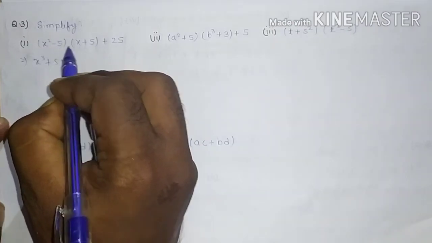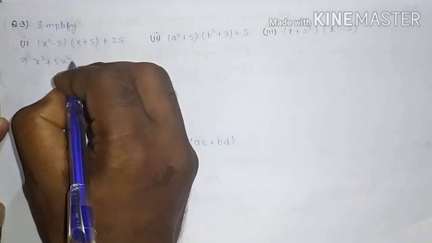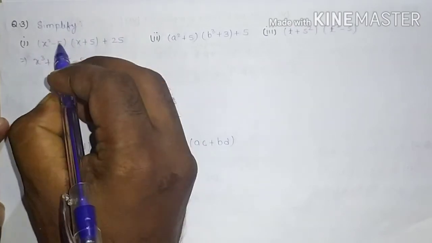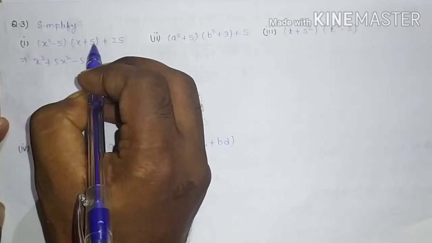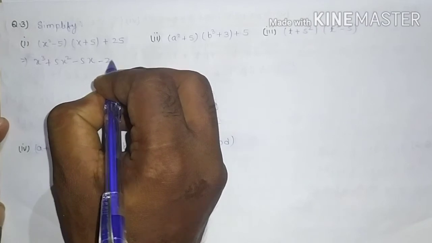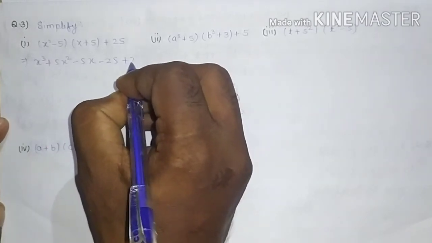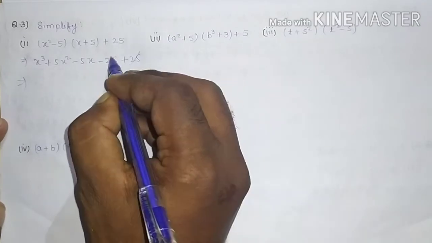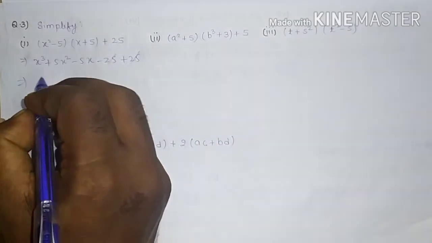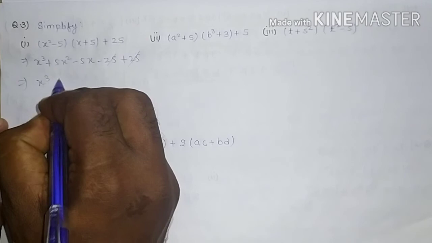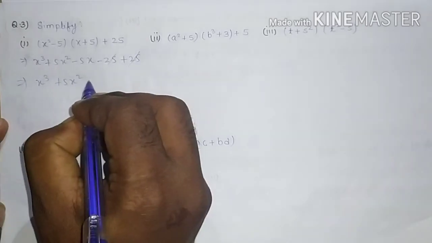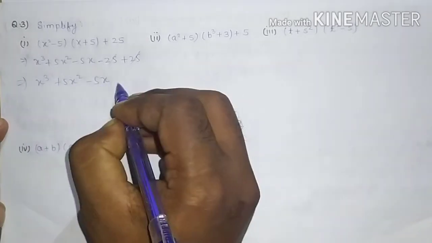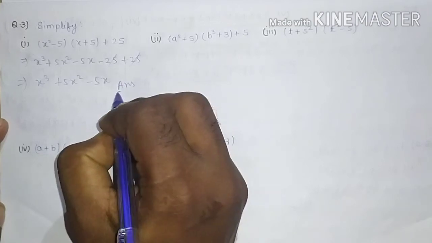Minus 5 is multiplied into x, so it will be minus 5x. Minus 5 is multiplied into 5, so it will be minus 25. And this is plus 25. Now 25 and minus 25 will cancel out, so it will be x³ plus 5x² minus 5x, and this is the answer.